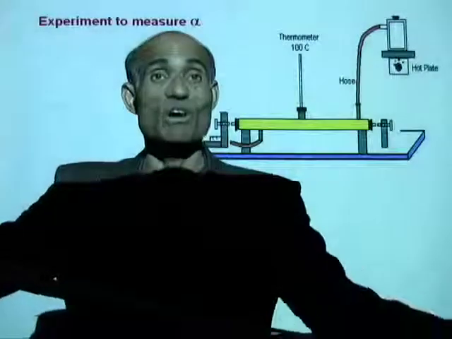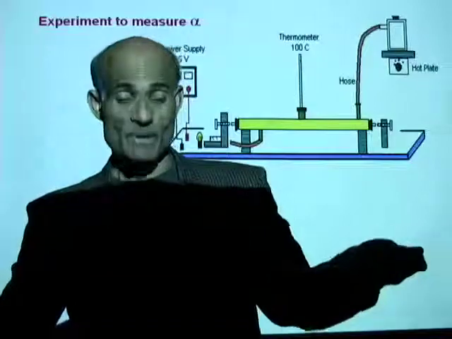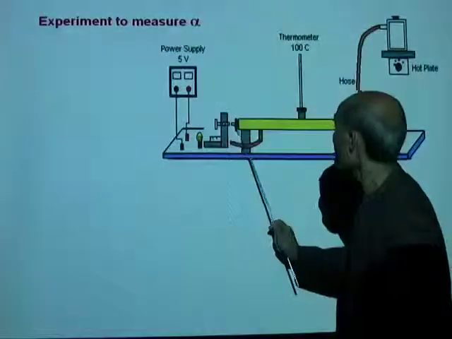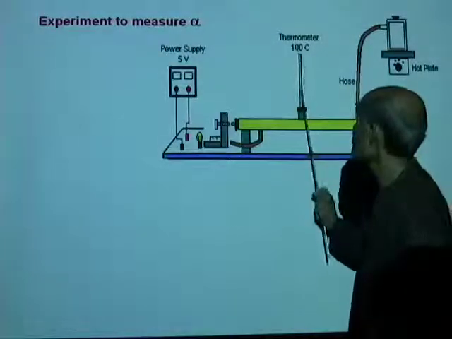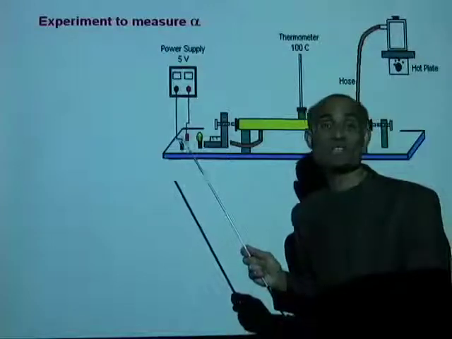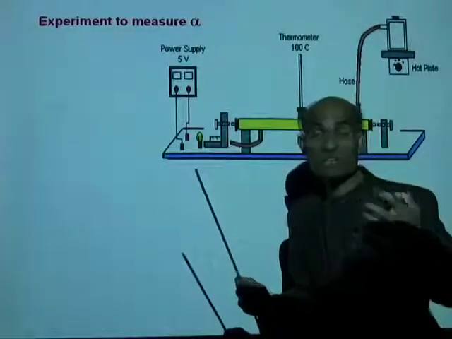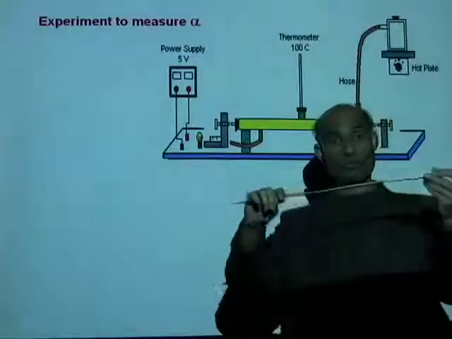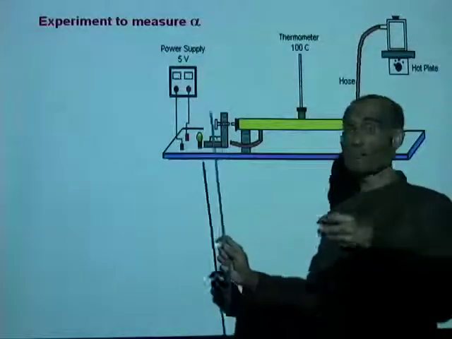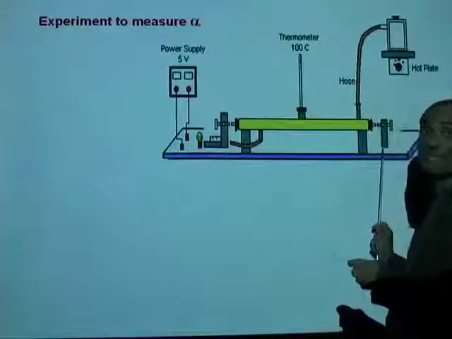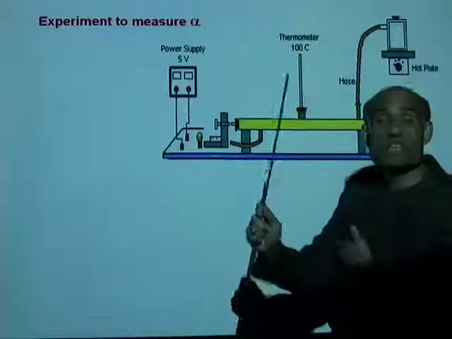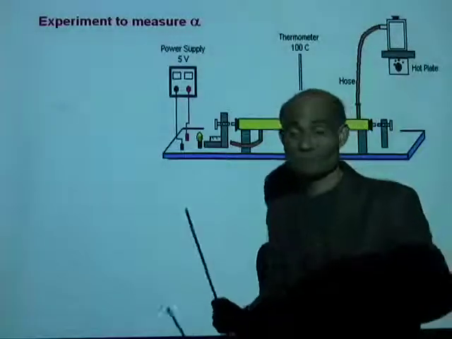The coefficient of linear expansion. So in the steam jacket, you can use the thermometer to measure the initial and final temperature. You can measure the initial length before you put the rod in there, and the micrometer can be used to measure the increase in length.